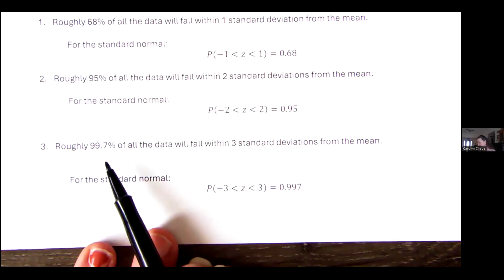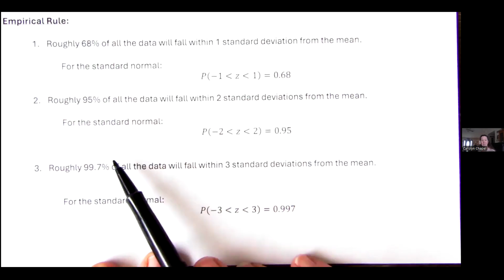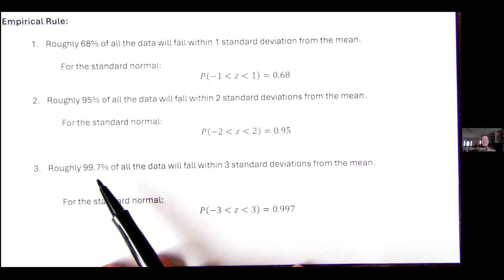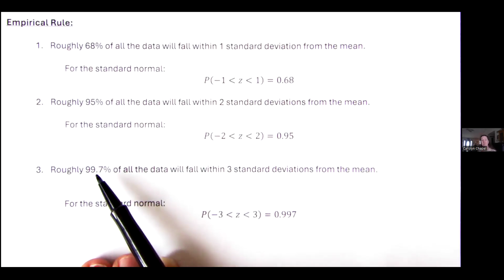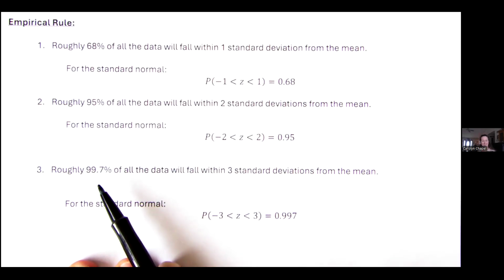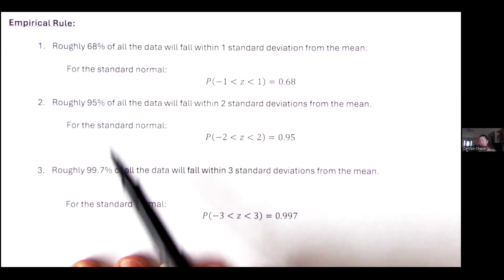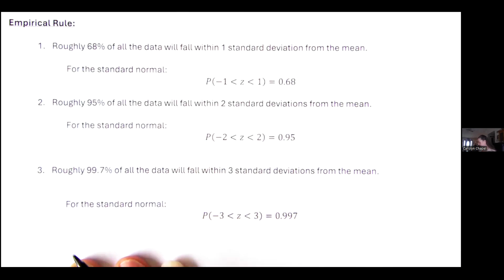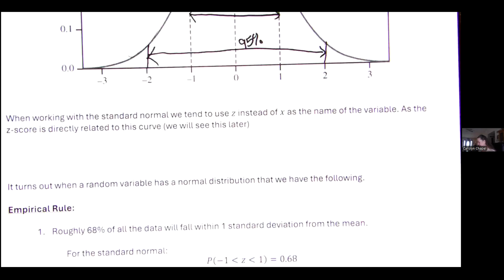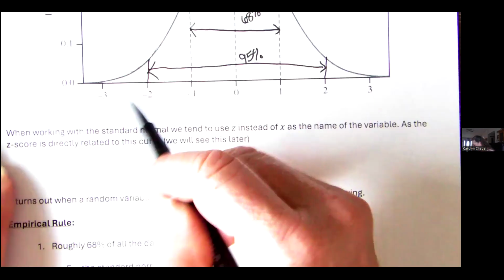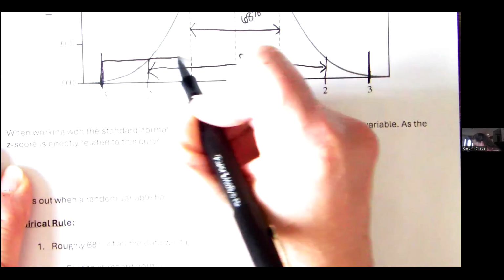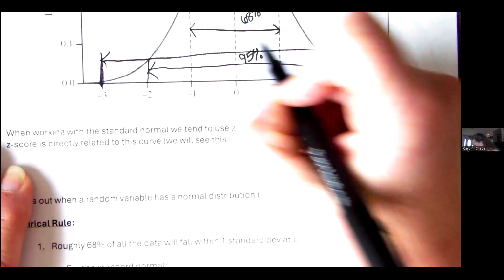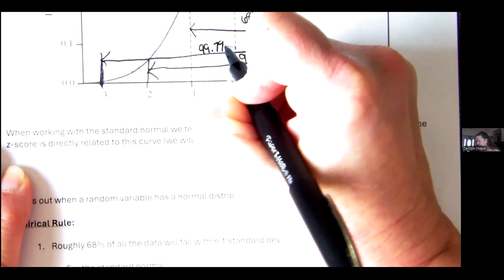Now, these numbers, this 68, this 95, and this 99.7 are not exact values. They are approximations. They are pretty close. In another video, we will actually find out what the more exact versions of those values are. But they are pretty darn close, 68%, 95, 99.7. So in my picture, if I go from -3 all the way to here, I get 99.7.